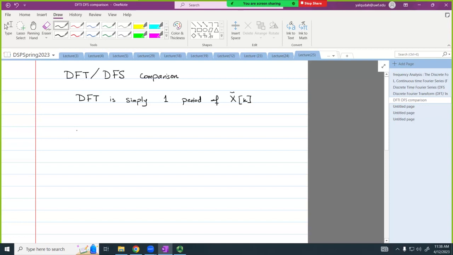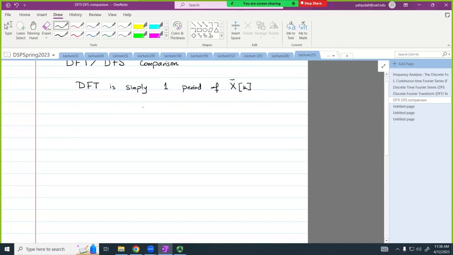What does that mean? So if I have a signal x of n, and this signal looks, for instance, something like this. If I made this signal periodic, I'm going to get a signal that looks something like this.